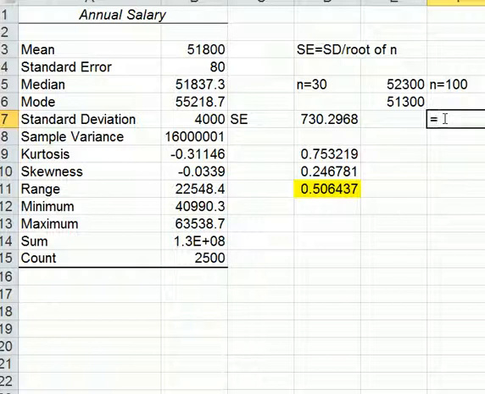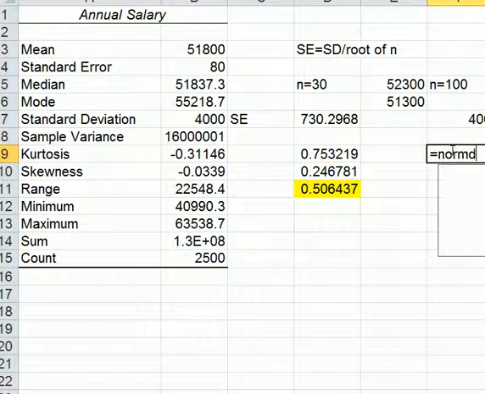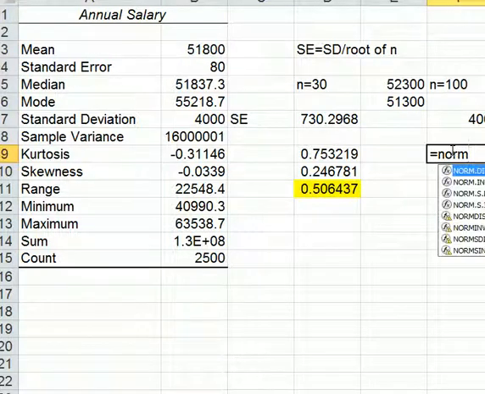So go equals, and then our population standard deviation 4,000 divided by 100 to the power of a half, which is a square root. So that gives us a new standard error of 400. So now we go through the same thing again, equals NORM.DIST. I must remember that dot.